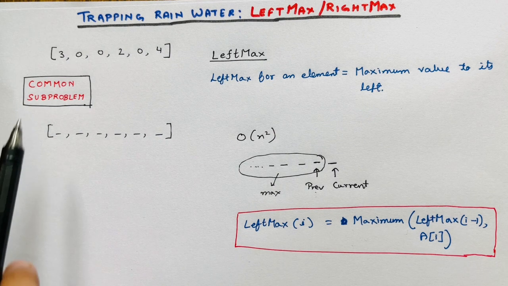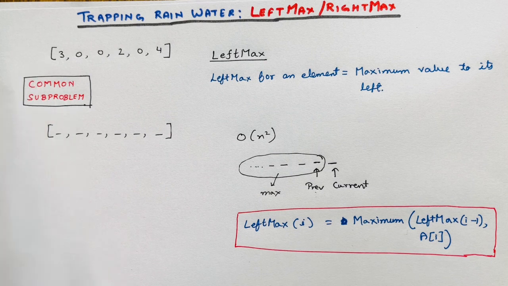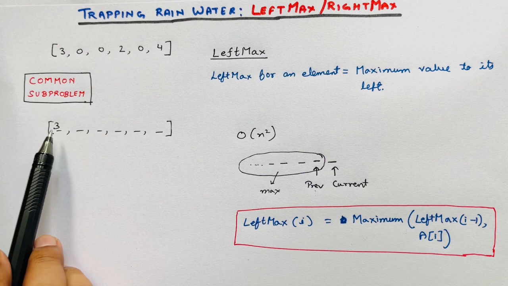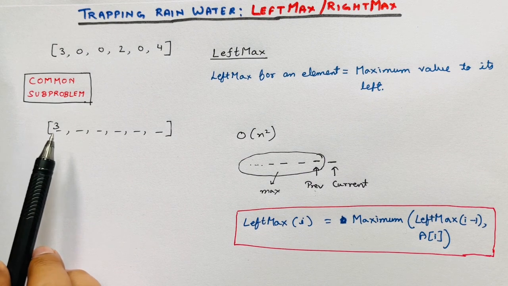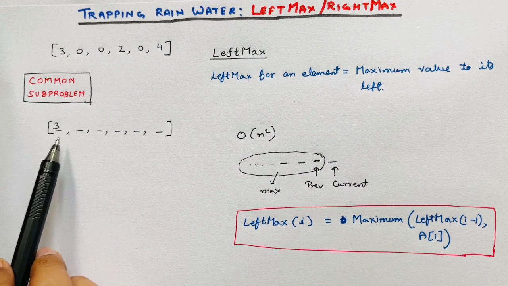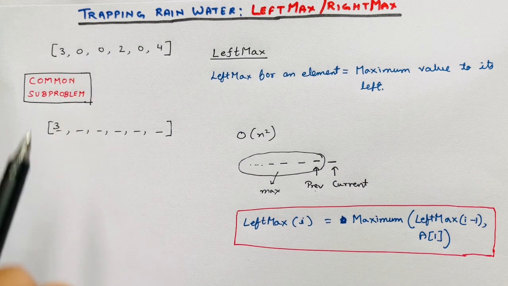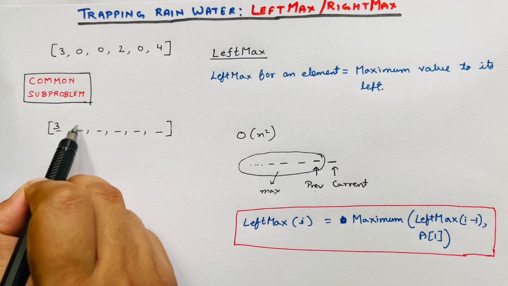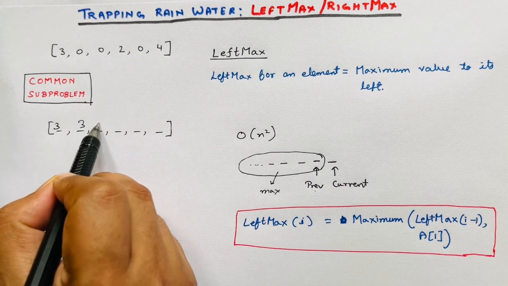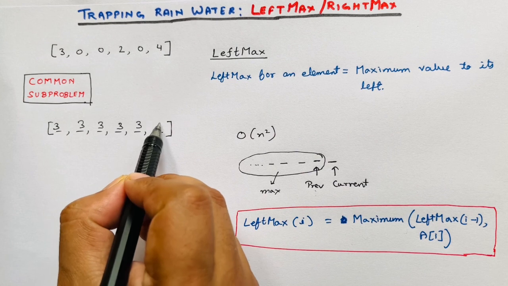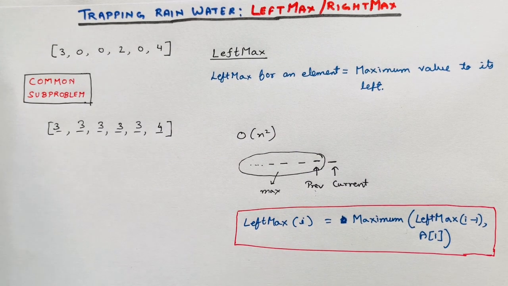Let's see. Here, left max at 0 will be equal to 3 because this is the first element and this is the maximum value. And if we now start filling the next elements based on this and the current element, we can find that the left max for this is also 3, 3, 3, 3, and this is now 4.